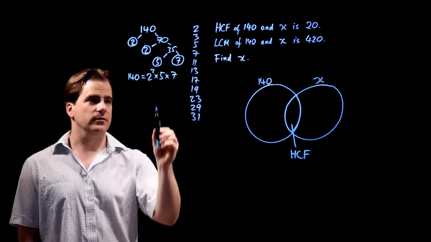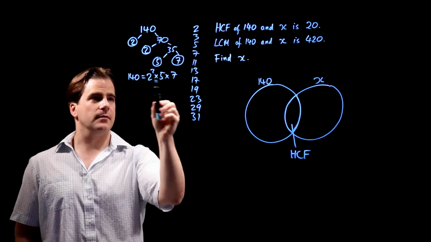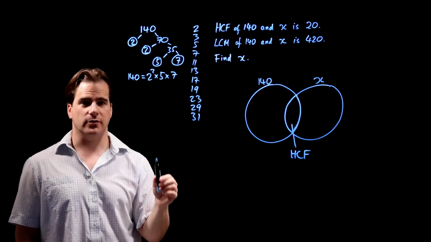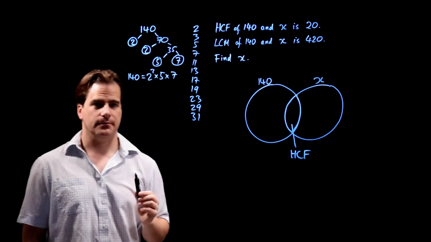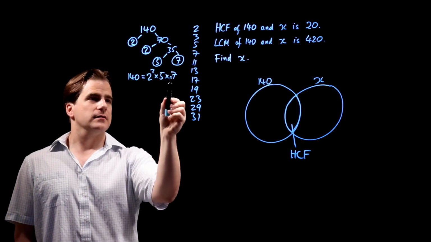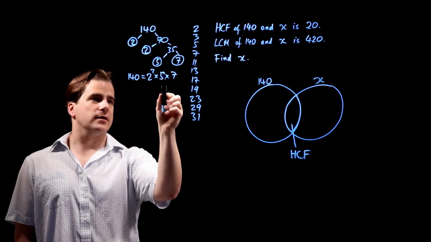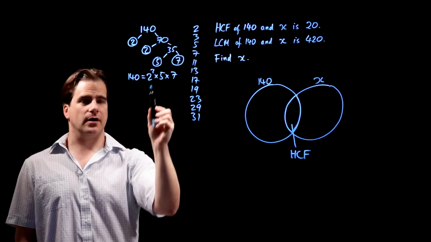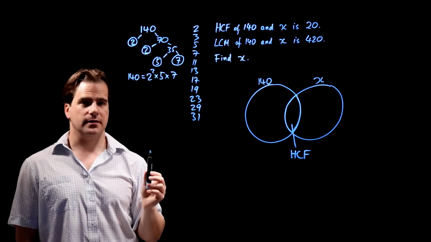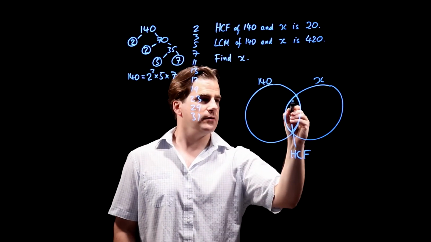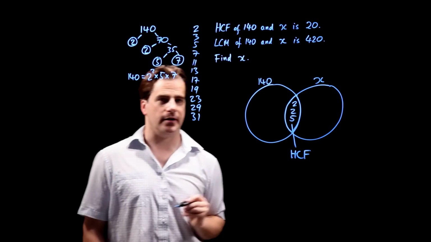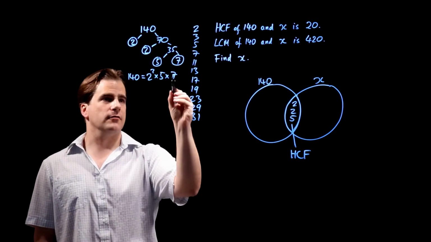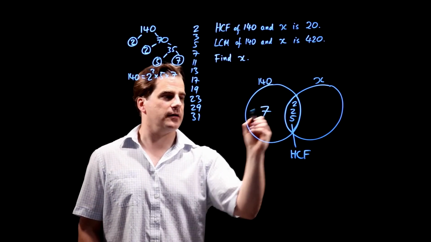So we select the numbers of which 140 is composed that multiply together to give 20. It's 2 times 2 times 5, which is 20. So there's a 2, a 2 and a 5 in the middle bit, and the remaining 7 must go there.